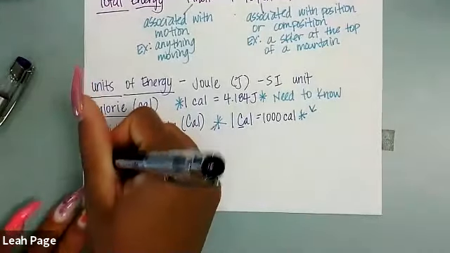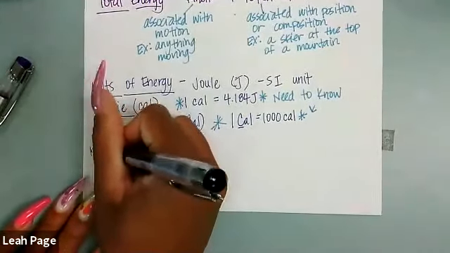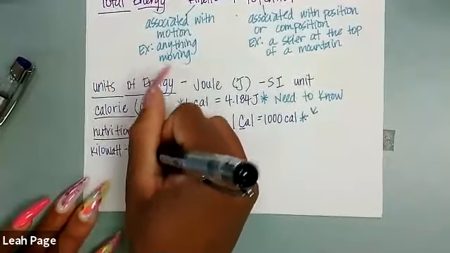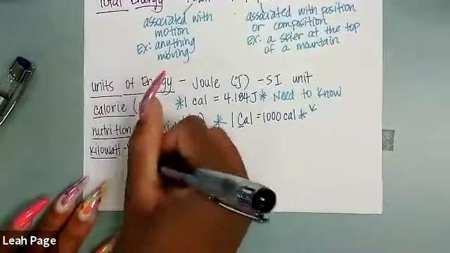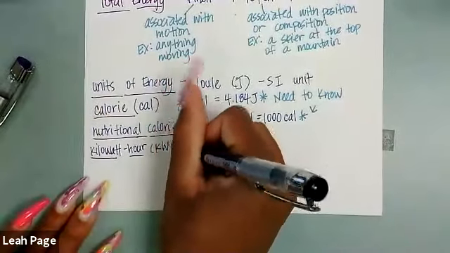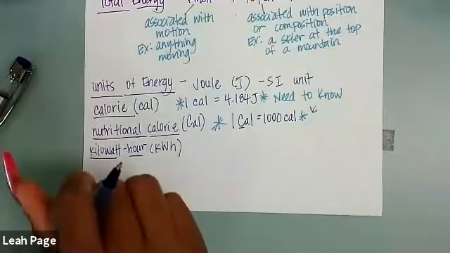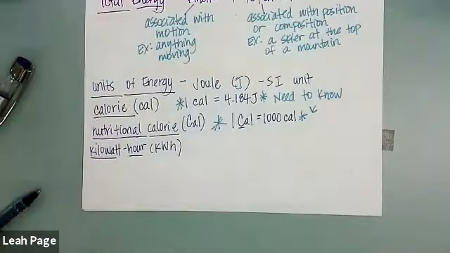And then we have what is known as a kilowatt hour. It's abbreviated kWh. The kilowatt hour is basically, think about the energy that comes to your house through your ComEd bill, the energy that's being supplied through the electricity, through the outlets in the wall and all the power in your house.